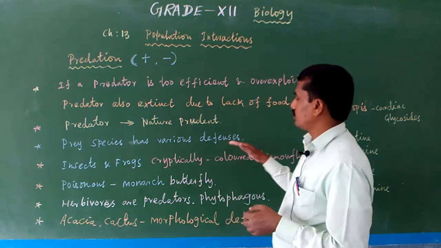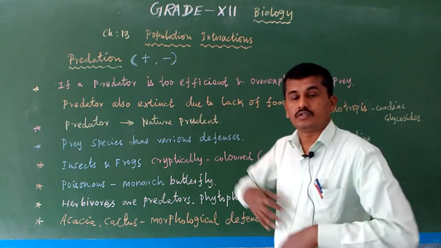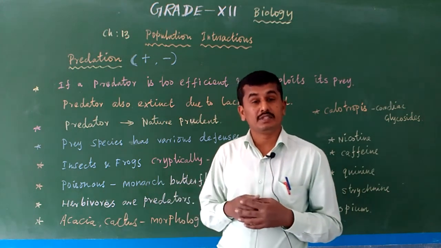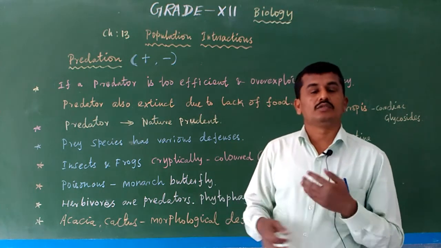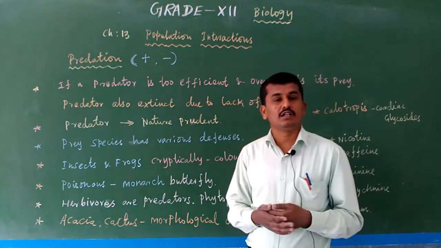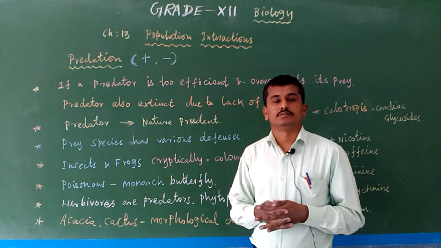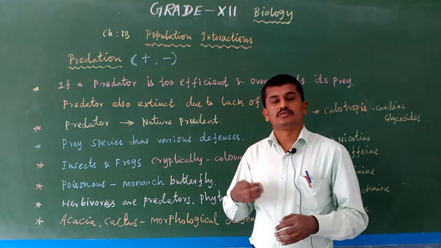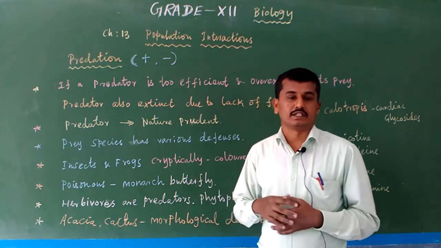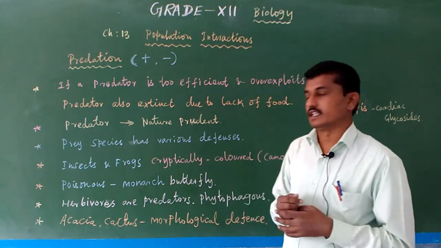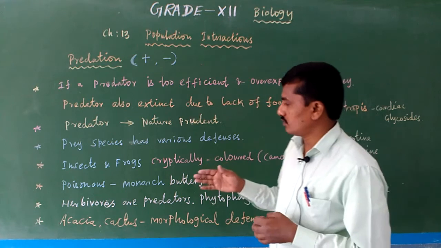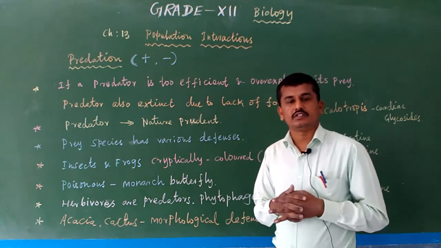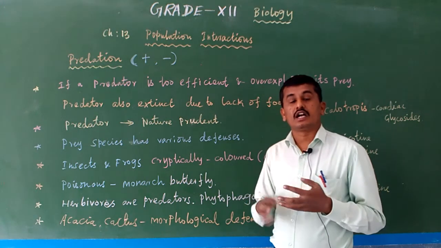Prey species also have various defenses to escape from the predator. Prey evolve defense mechanisms to avoid and escape predators. Some insects and some frogs, we know, are brightly colored.